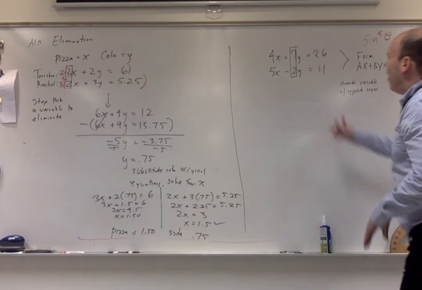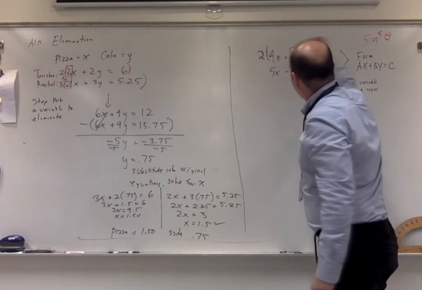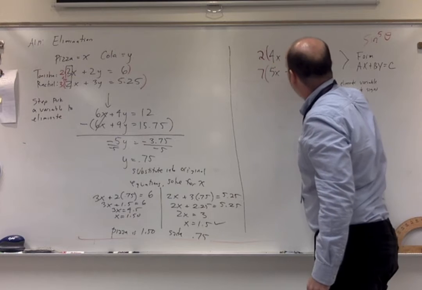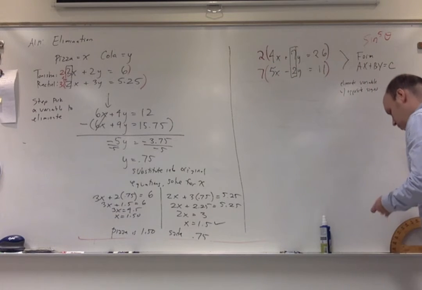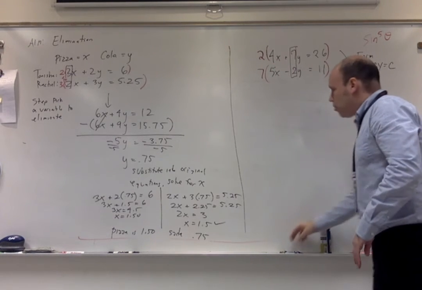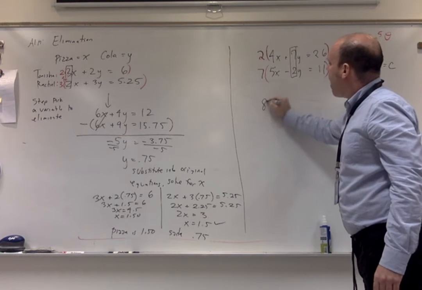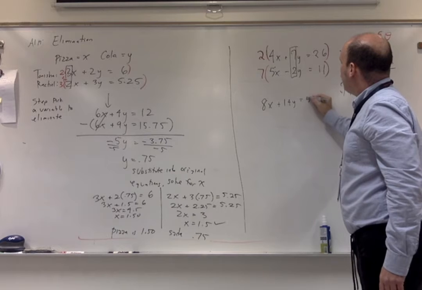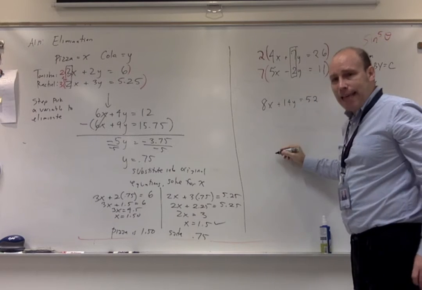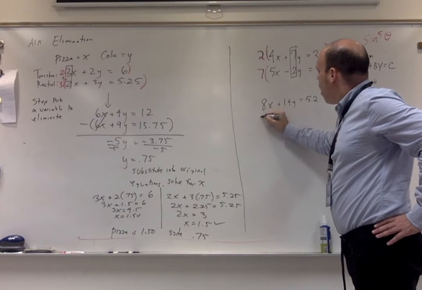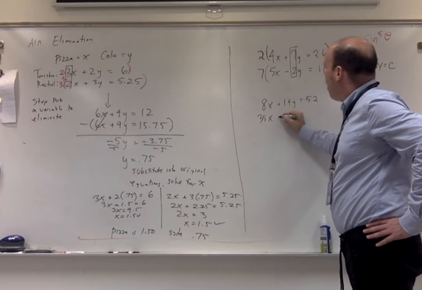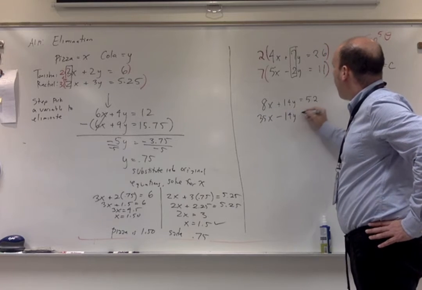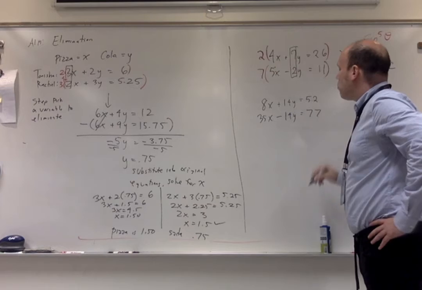This is my 2 up here, this is my 7 down here. So I have 8x plus 14y equals 52, and my second equation is 35x minus 14y equals 77.